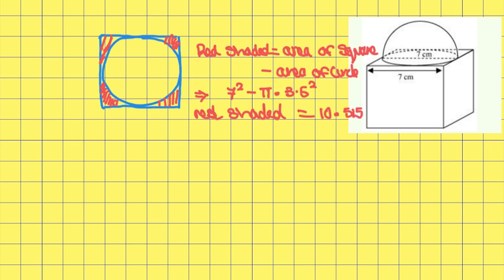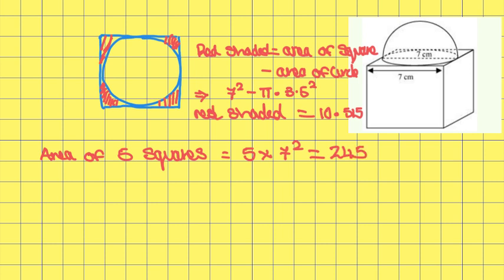Now let's find the area of the other pieces. We've got the area of 5 squares. That's equal to 5 times 7 squared, which equals 245.